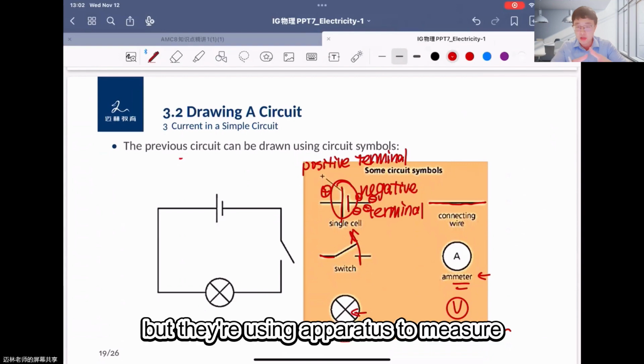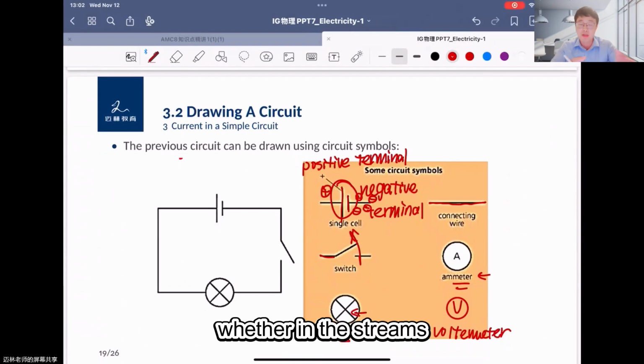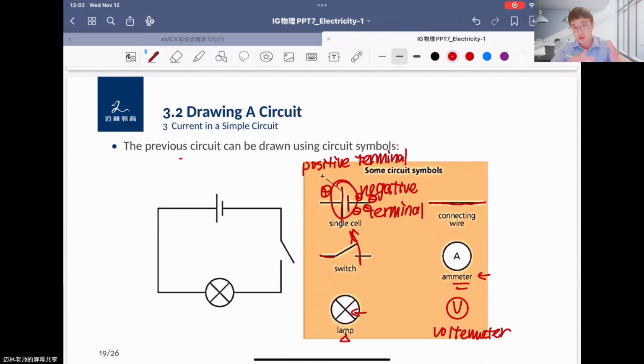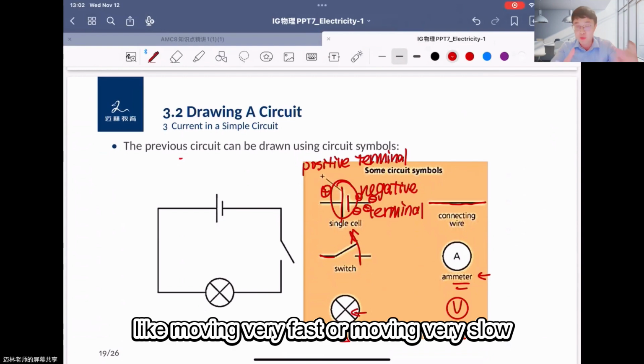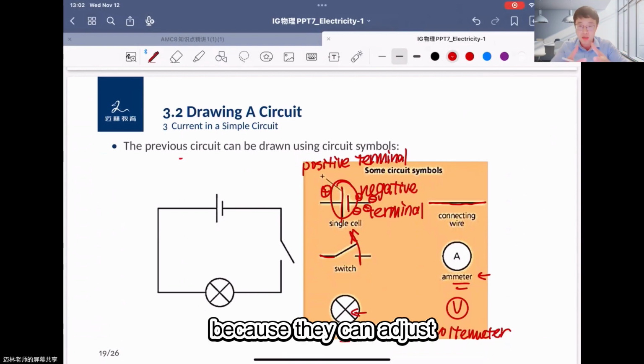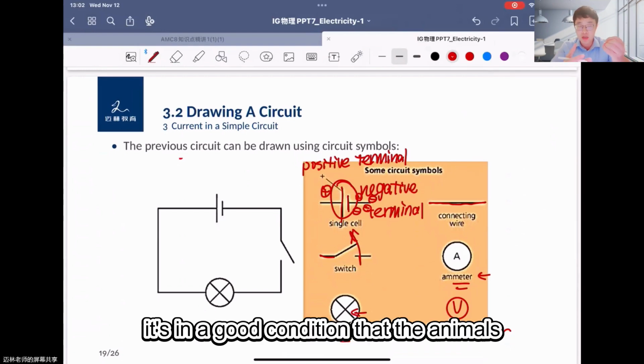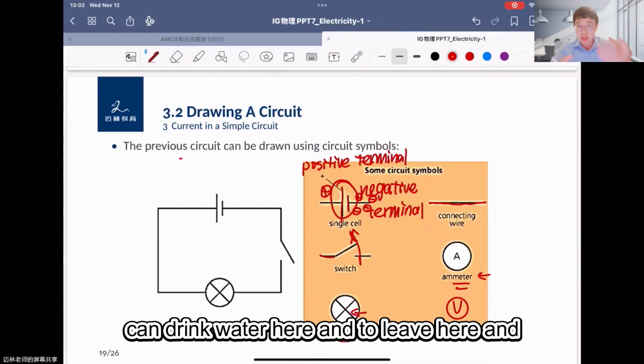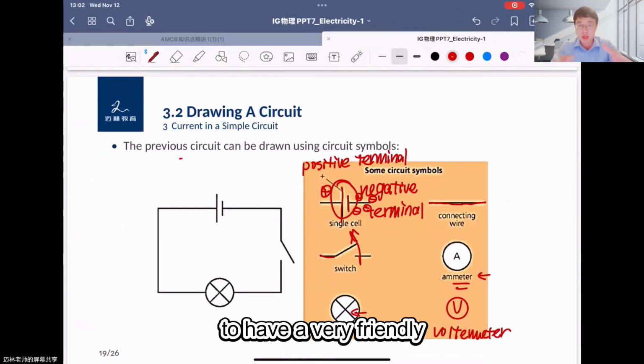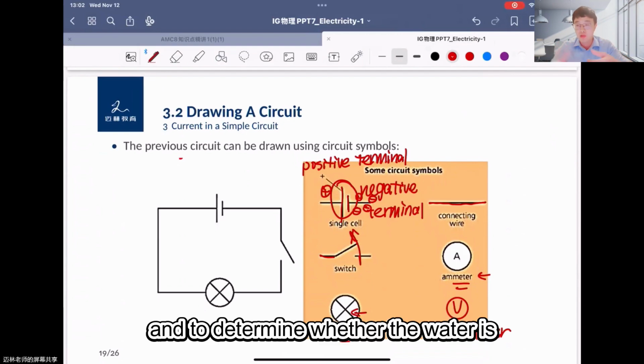They use apparatus to measure whether the stream is moving very fast or very slow, so they can judge whether it's in a good condition for animals to drink water and live here in a friendly environment, and to determine whether the water is polluted or not.